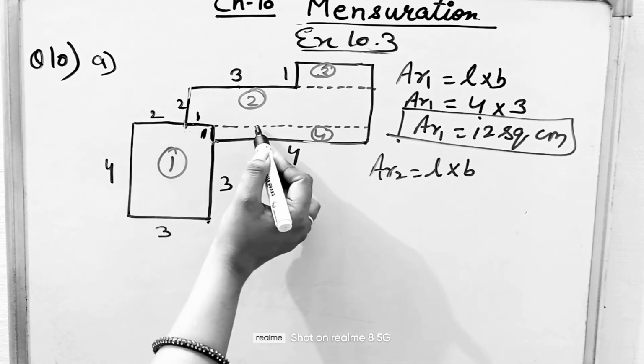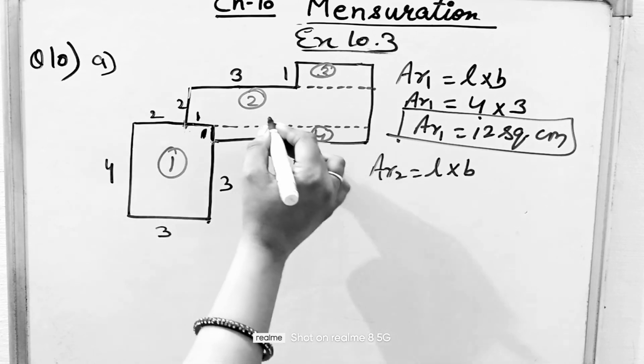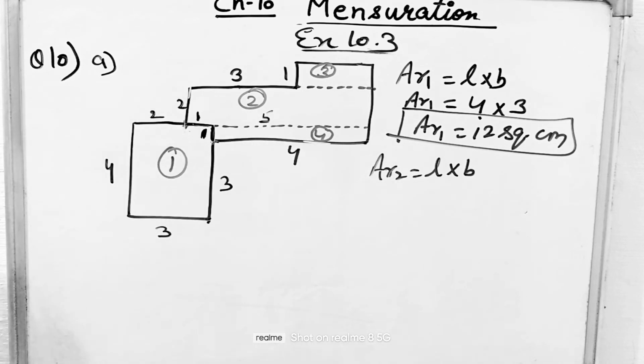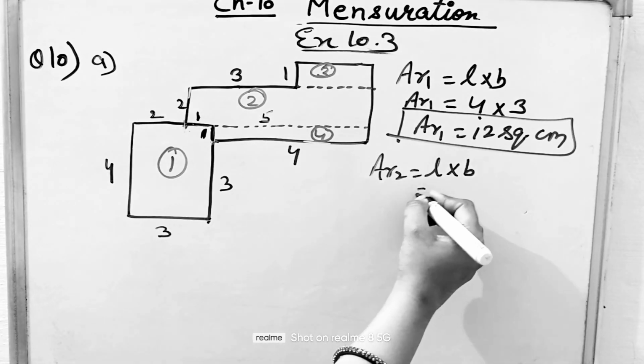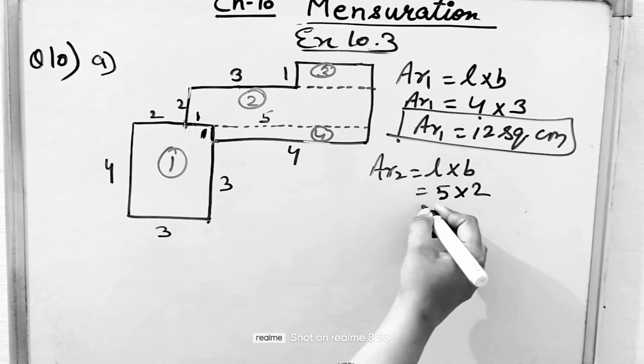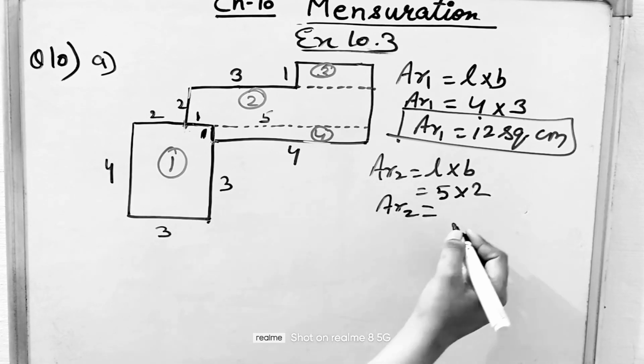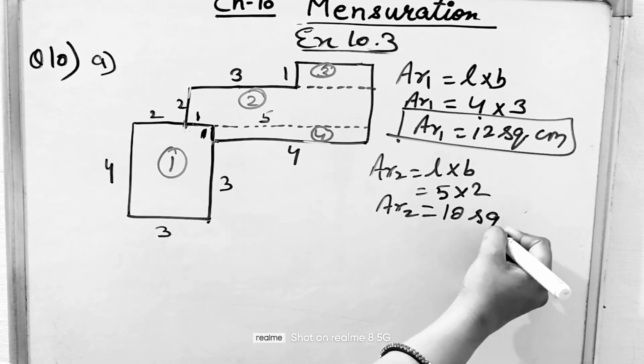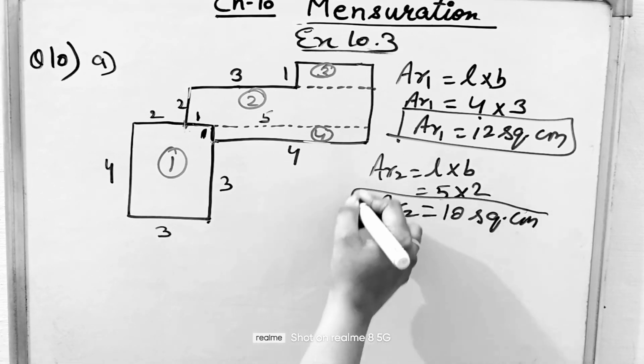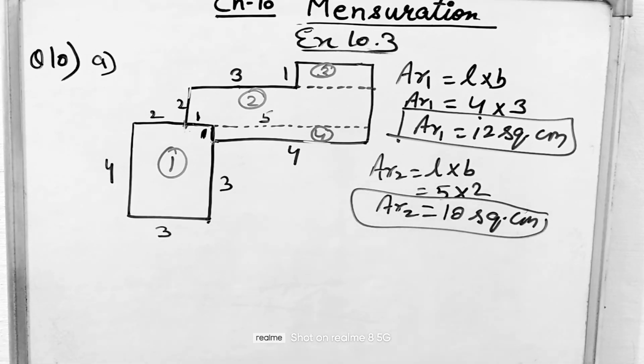So 4 plus 1 becomes 5. So length is 5 and breadth is 2. So the area of the second rectangle is 10 square centimeters. Correct?